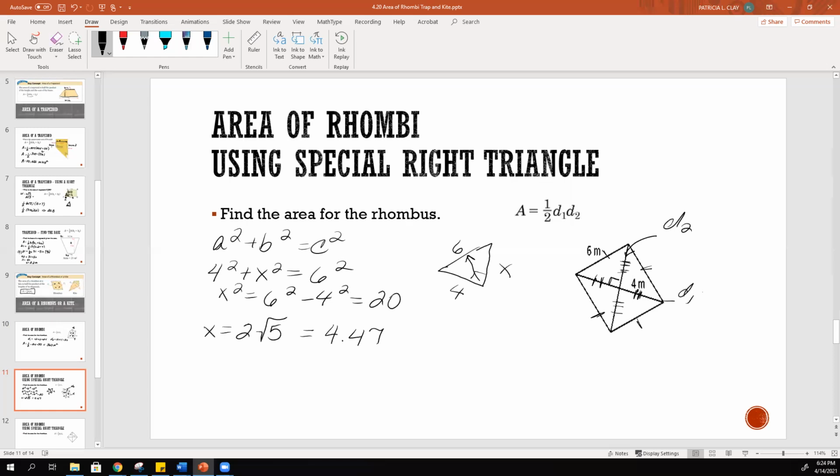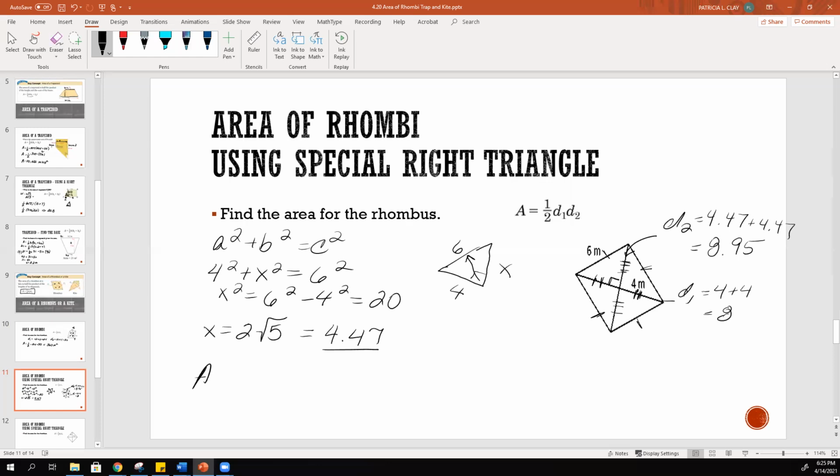So diagonal 1 is going to equal 4 plus 4. So that's going to be equal to 8. And now we know this value. So this one is going to be 4.47 plus 4.47. So diagonal 2 is 8.95. So I went out to the 100th place on this one, okay?